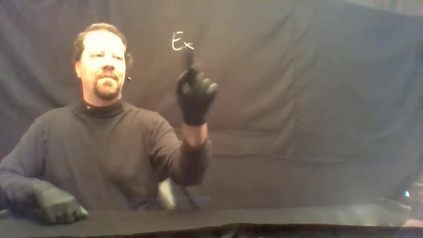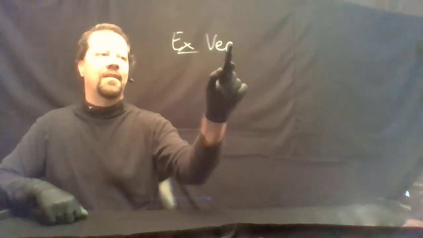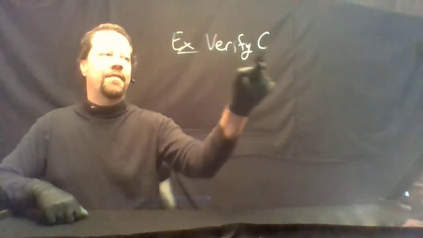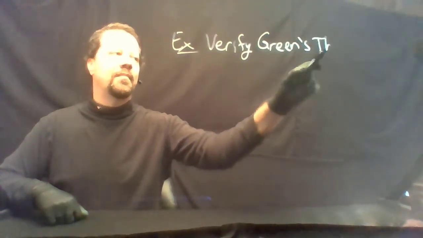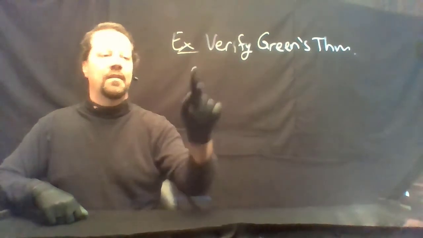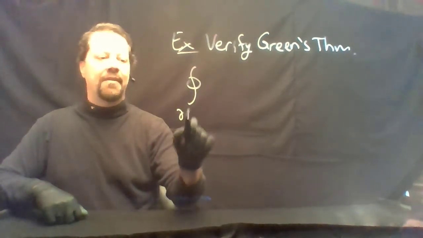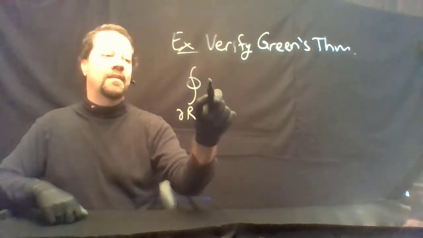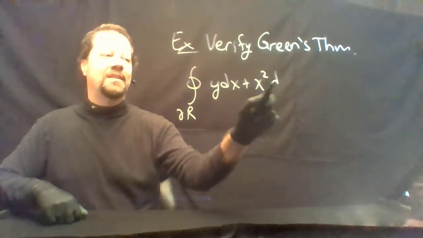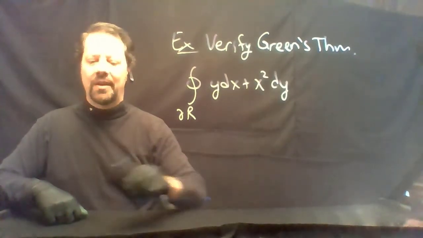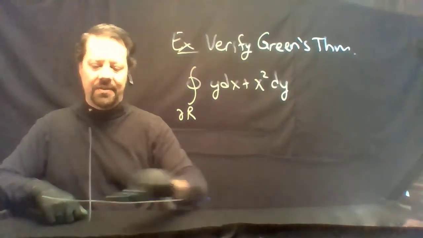In our next problem, I want to verify Green's theorem. We'll be integrating around the boundary of some region y dx plus x squared dy, where the region is as follows.